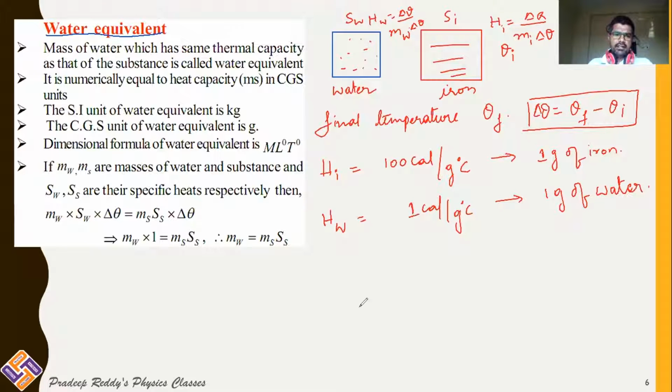Don't take it as 100, you will be confused with that. I'll consider it as 0.2 calorie per gram degree Celsius. So for 1 gram of iron, how much heat is required? It is 0.2 calories.